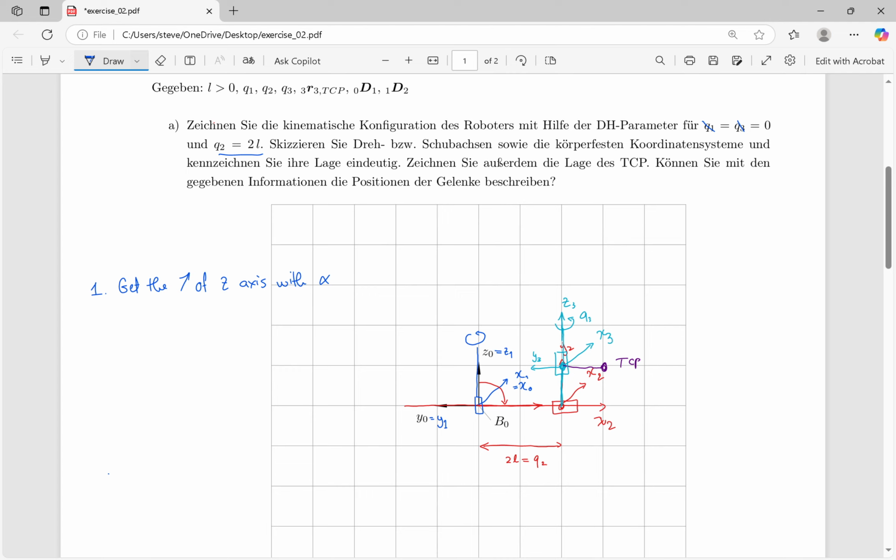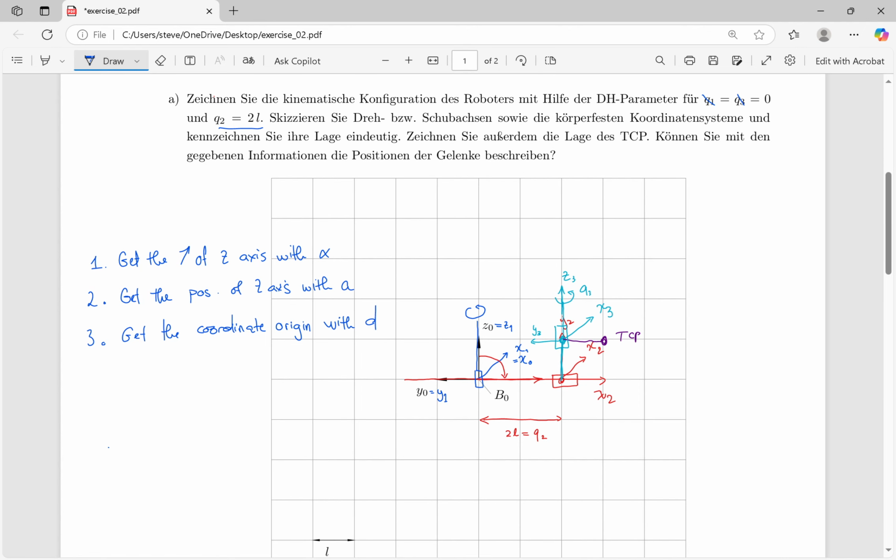Okay, so returning to this, secondly, get the position of the axis with A. The third step is get the coordinate origin with D, and that is because the D is the distance between the two x-axes, and the intersection point of the x and z axis is where your coordinate origin is.